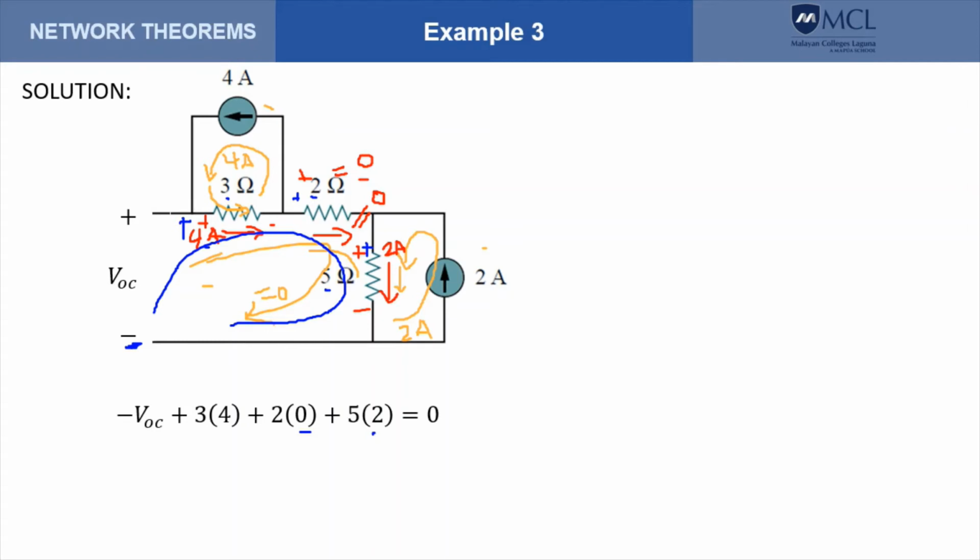So from here we can solve for our voltage VOC, which is 22 volts, which also becomes our voltage VTH.